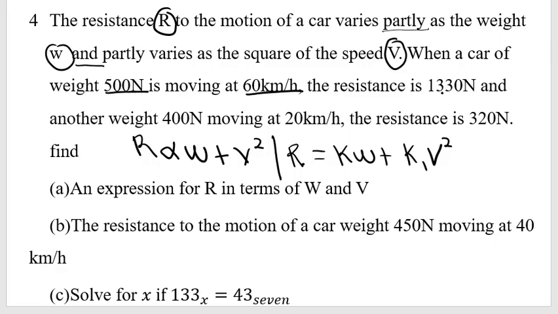The resistance is 1330, so R has been given. So we are going to substitute these into equation A, and that will help us to get one equation.